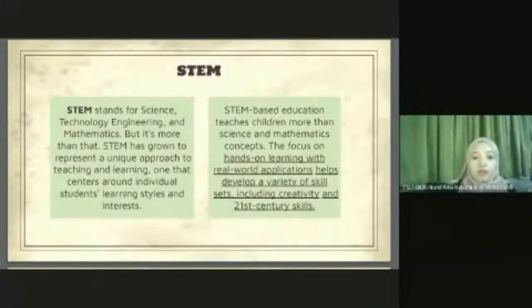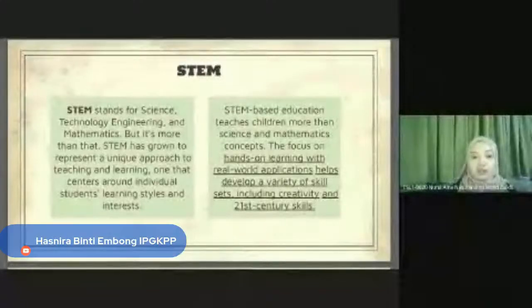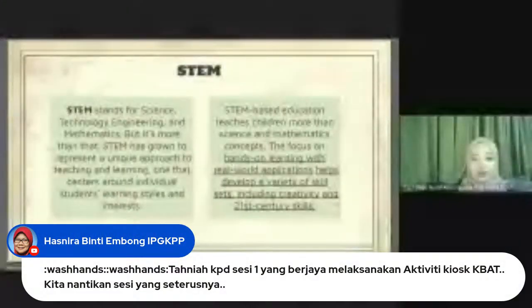Apart from that, STEM-based education teaches children more than science and mathematics concepts. The focus on hands-on learning with real-world applications helps develop a variety of skill sets, including creativity and 21st century skills.